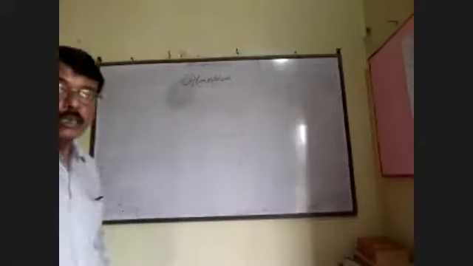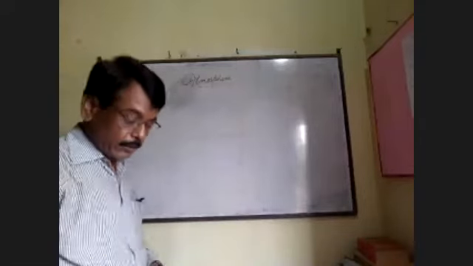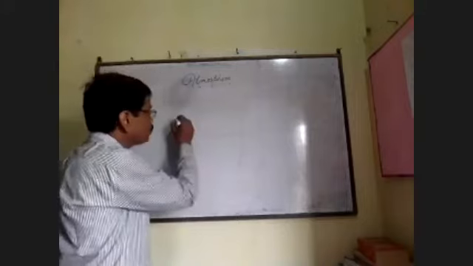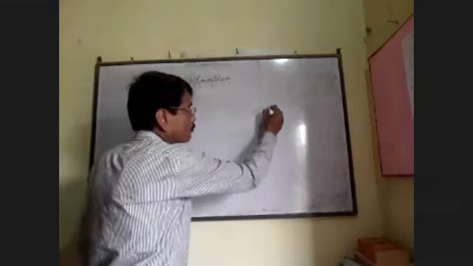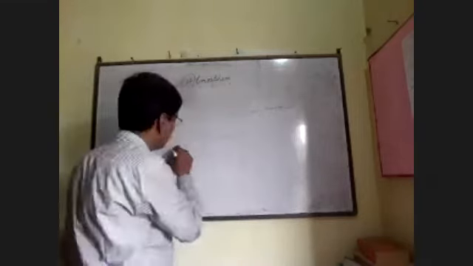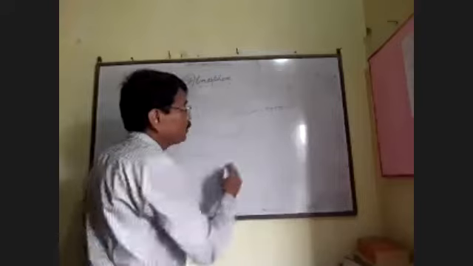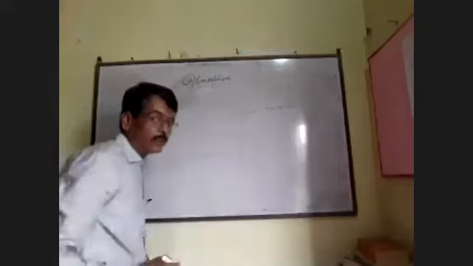Equatorial area is very hot, and this zone is known as subtropical zone. Subtropical in both the hemispheres, in northern hemisphere and southern hemisphere.